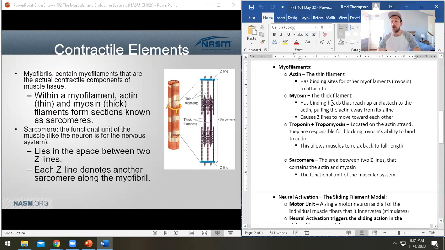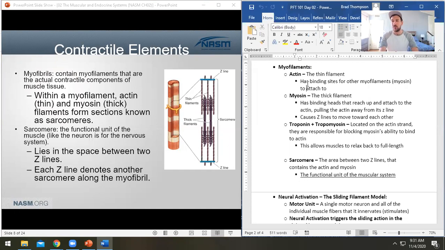So with those little binding sites, that head reaches up. Now, here's the thing. They always want to bind together. These two proteins are really, really attracted to each other, so they constantly want to bind. But we don't want that to happen.